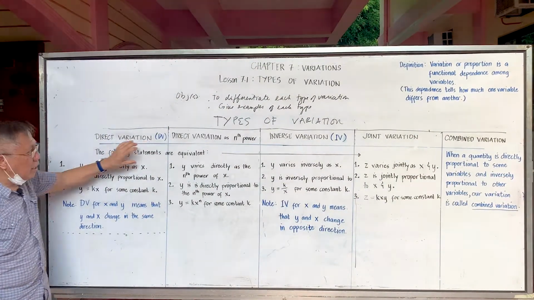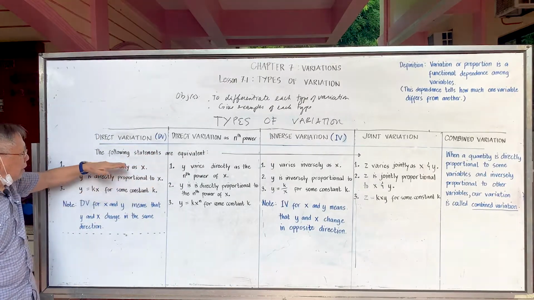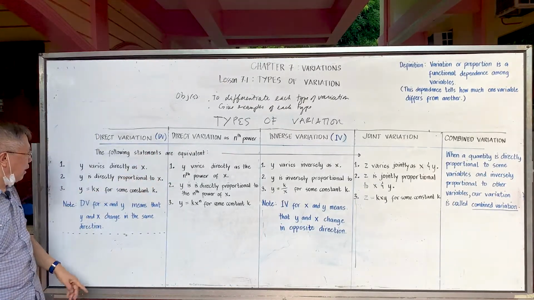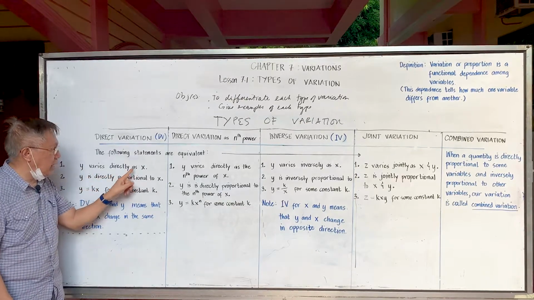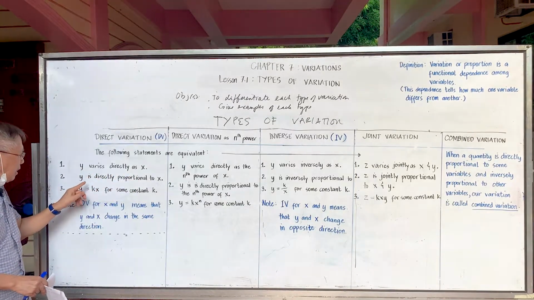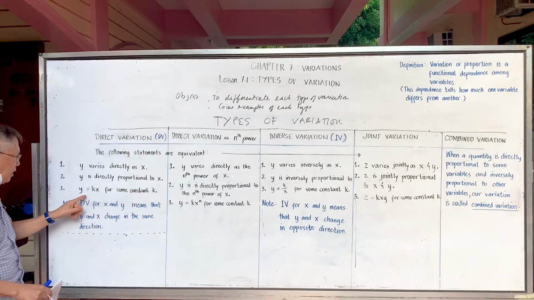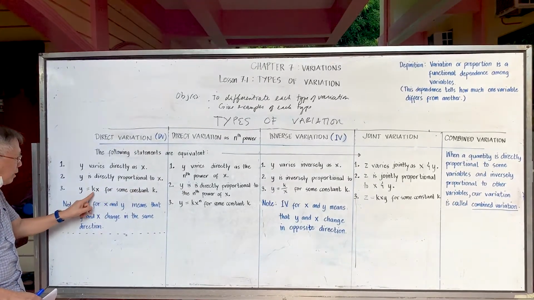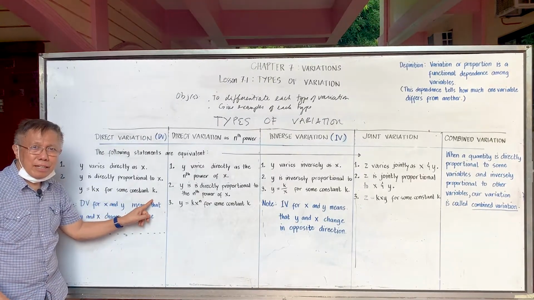For all these variations, except the combined variation, the following statements are equivalent. Y varies directly as x is the same as saying y is directly proportional to x, is the same as saying y equals kx for some constant k.